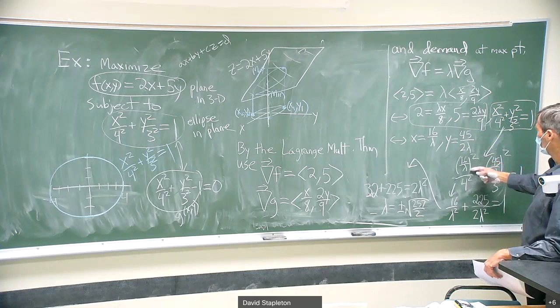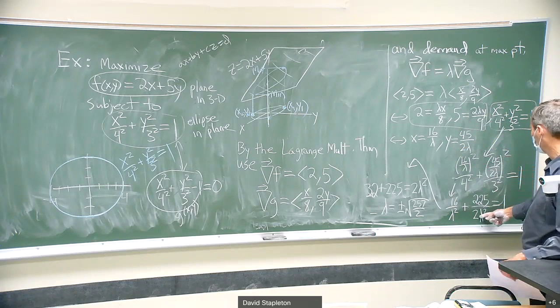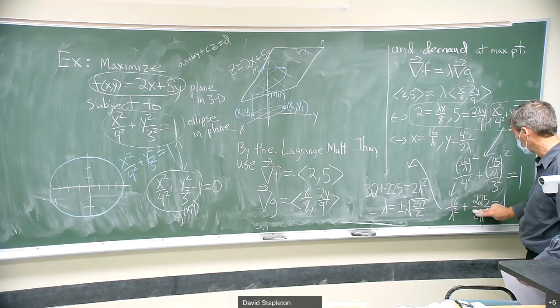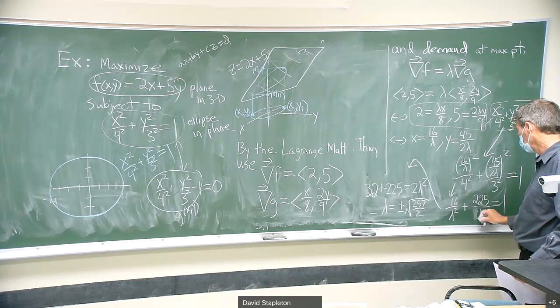So that one becomes 16 over lambda squared, plus this one becomes 45 times 5 is 225. Oh, it's 4 lambda squared here. I didn't put 2 squared. That's what's going on. 4 right there.